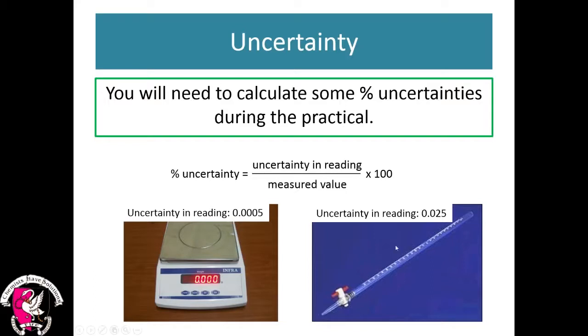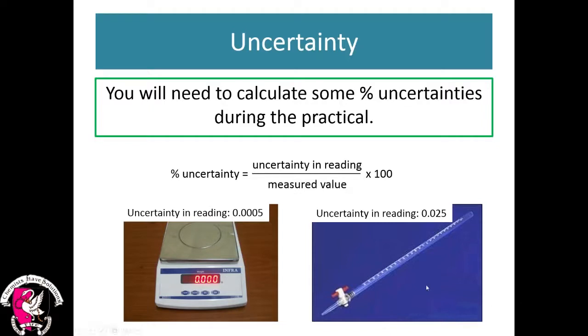The same is true for the burette. You take a start value and then an end value, and that's how you get your titre. So the uncertainty in a burette reading will always need to be multiplied by 2. You work out your uncertainty and make sure you double it.